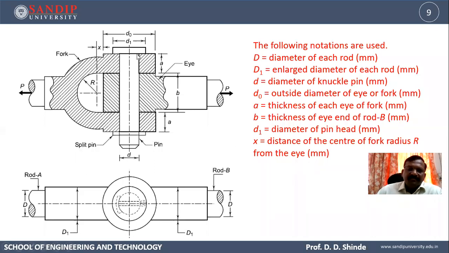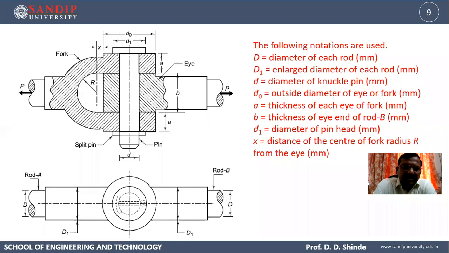When you are designing, as I had told you in the first lecture when we were designing the quarter joint, designing anything means finding out that particular parameter. I may need to find A, B, D, D1. So you assume that the component is weak at that particular cross section and it fails.